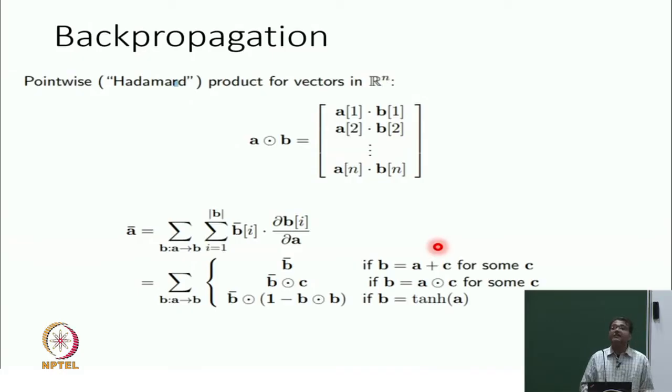They are also called element wise product. Okay. So then there it will become the b bar element wise product with c, and if it is 1 minus b square, then it will become 1 minus b Hadamard product with b, and then b bar will also be a Hadamard product. Now this you can take from me at face value, but you can verify it in the slides.